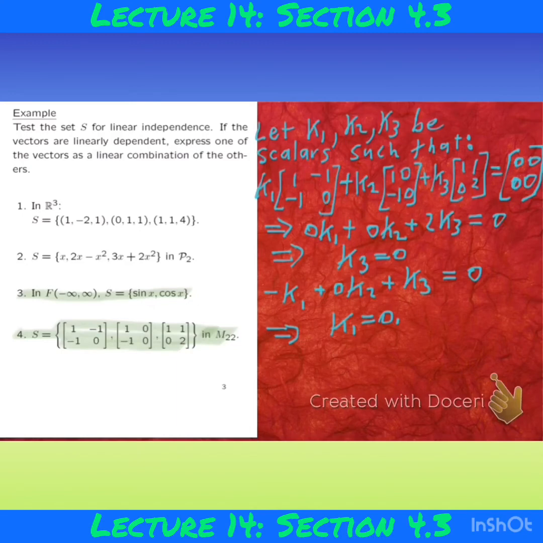Okay, now also observe this. There we've got there and there and there. So we can find another equation there.